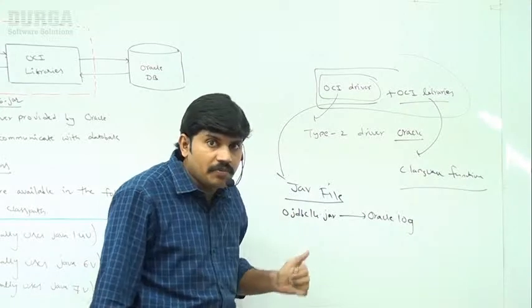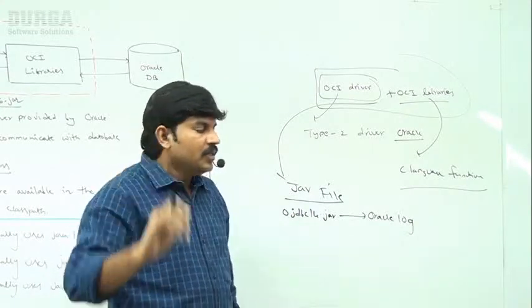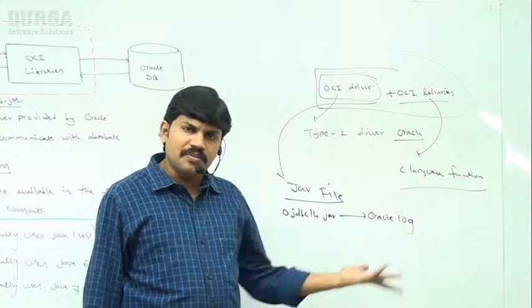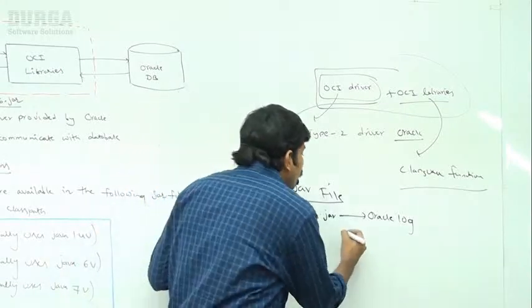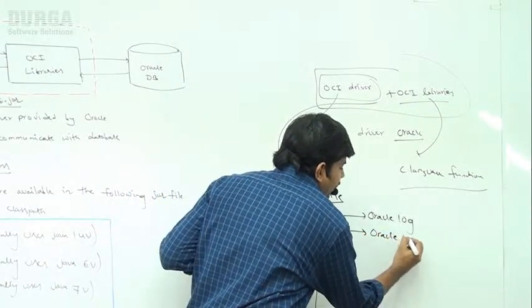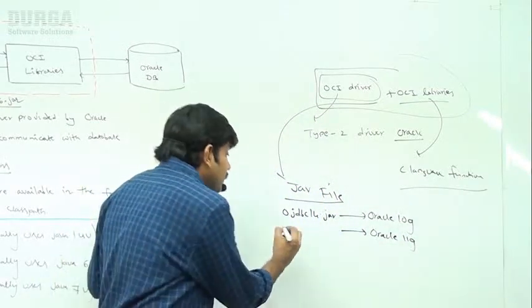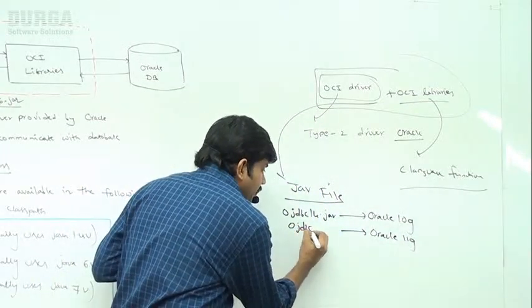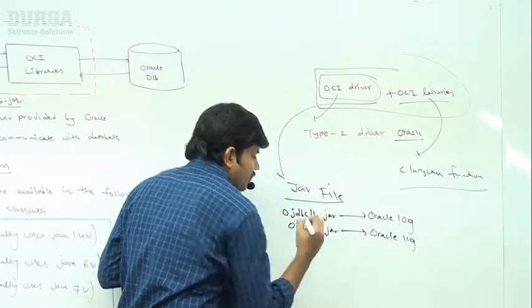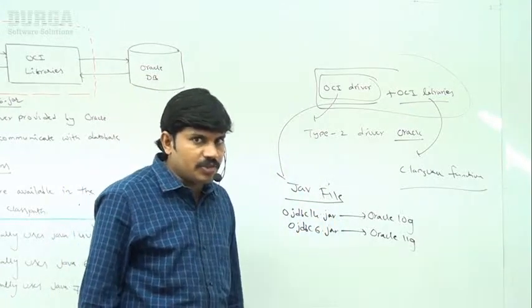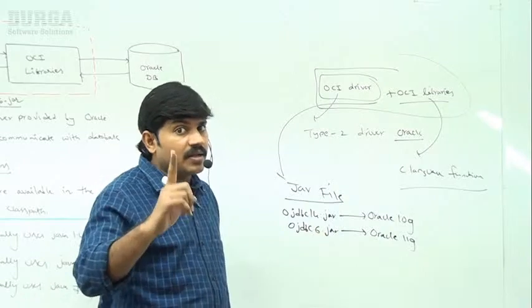Yes, OJDBC14.jar. Sir, I am not using Oracle 10G because it's outdated, sir. I want to use, assume, Oracle 11G. If you want to use Oracle 11G, then OJDBC6.jar. What is the jar file name? Can you spell out? OJDBC6.jar.